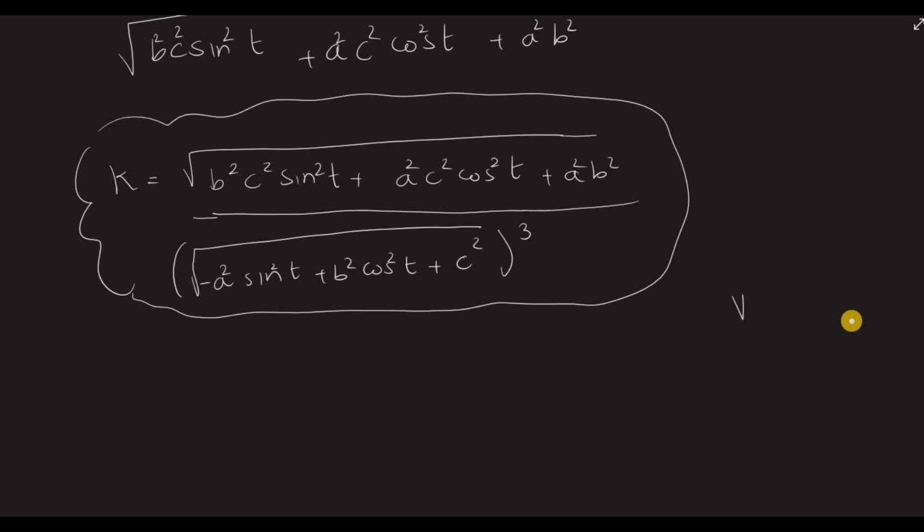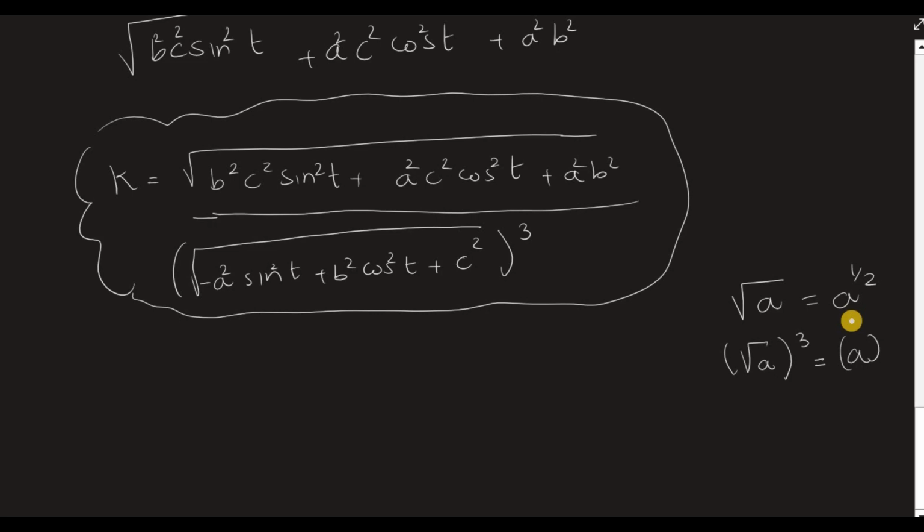For example, the square root of A is the same as A to the power of half, right? So if you have the square root of A and then you have a cube, a to the power of 3, then you can simplify it, because this is the same as half to the power of 3, so you can just write A to the power of 3 over 2.